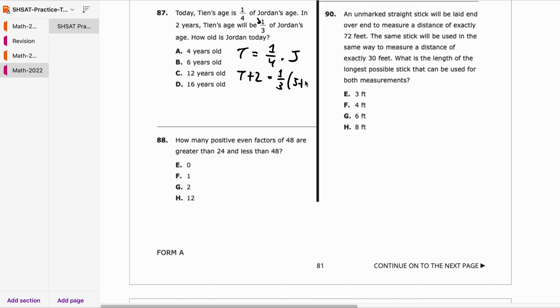And in 2 years, Jordan will be J plus 2 years old. So now we have a system of two equations. We want to know how old Jordan is today, so that's J years. So we're solving for J.